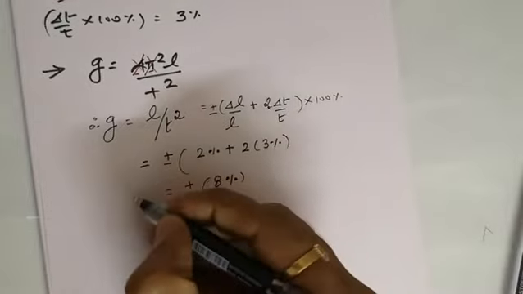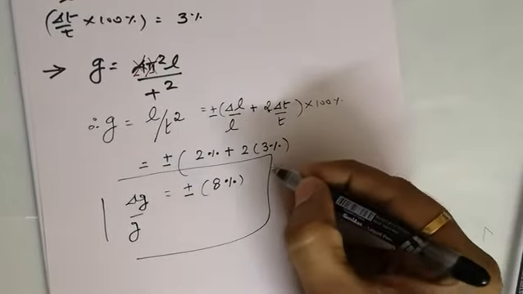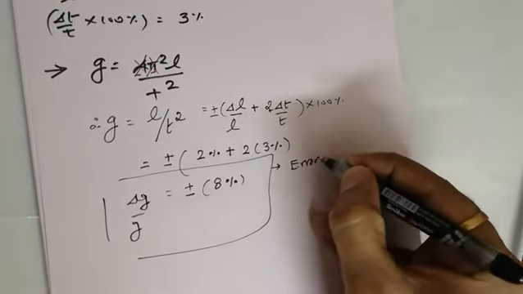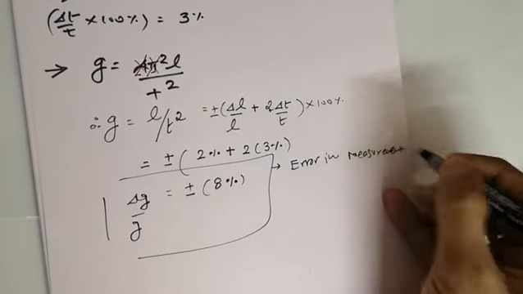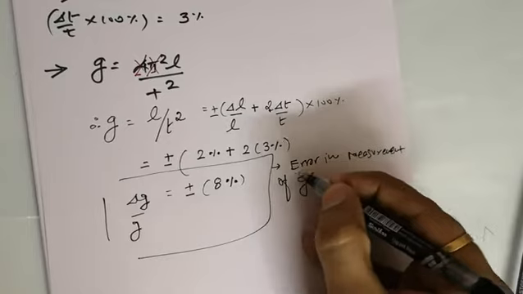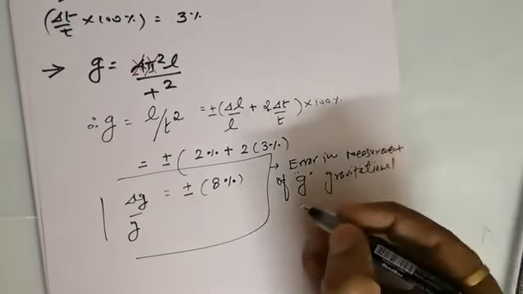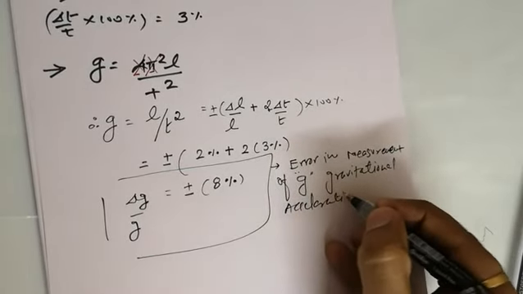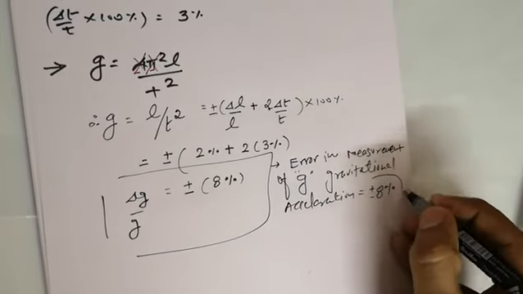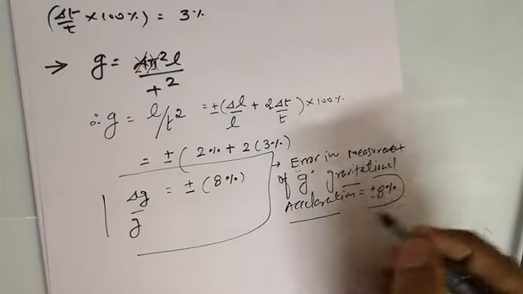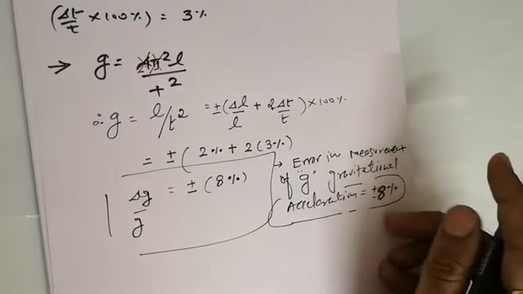It means that my data, delta g by g, in terms of percentage, you can mention that the error in measurement of g, which is the gravitational acceleration, is equal to plus or minus 8%. It means that error can be positive or negative, and it may be in terms of a percentage or fractional or real part.